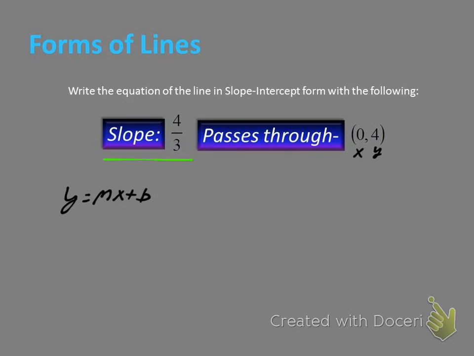All right, so y is 4, so 4 equals m, which is 4/3, x in this case is 0, plus b, and you solve for b. So we got 4/3 times 0, which gives you 0, 0 plus b, which gives you b, so 4 equals b.